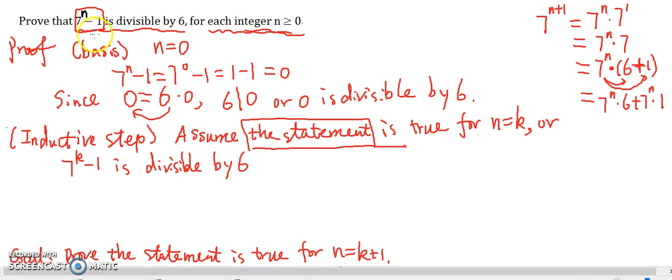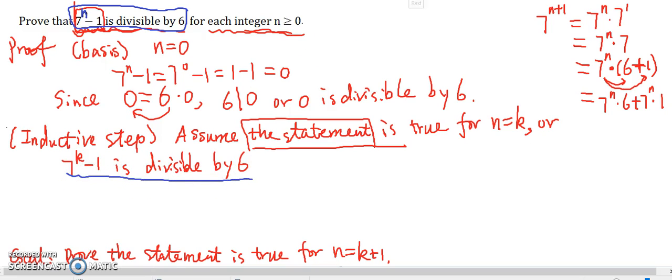So this whole thing is the statement. When n equals k, we replace n with k, and we get this statement: 7 to the kth minus 1 is divisible by 6.